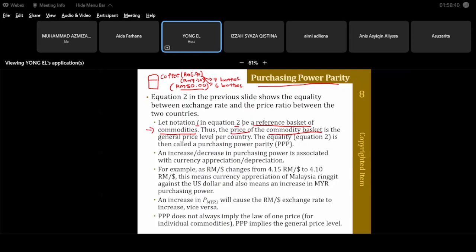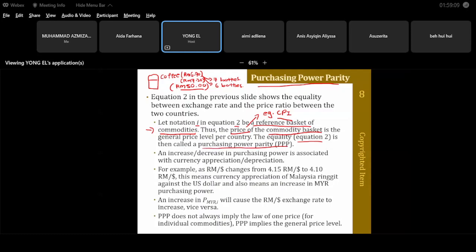This price, for example, can be the CPI, the Consumer Price Index. We understand the Consumer Price Index is a price index summarizing a variety of goods and services that the country consumes. Now, the equality in equation two is then called purchasing power parity.